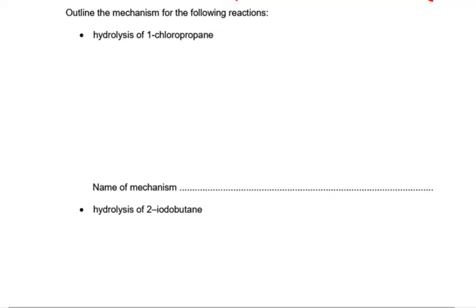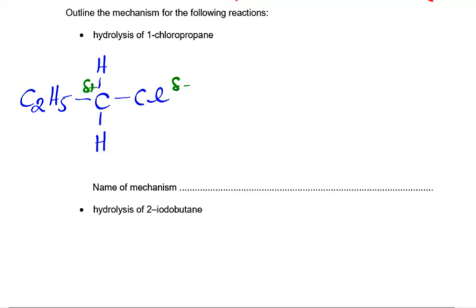Right, slightly more difficult maybe, 1-chloropropane. So we need to get the organic starting material right. So that's the carbon that we're going to attack, which is on the first carbon, and we've got 2 more carbons in the chain, which I'm just going to write like that, just to make the emphasis of this mechanism, this electron deficient carbon.